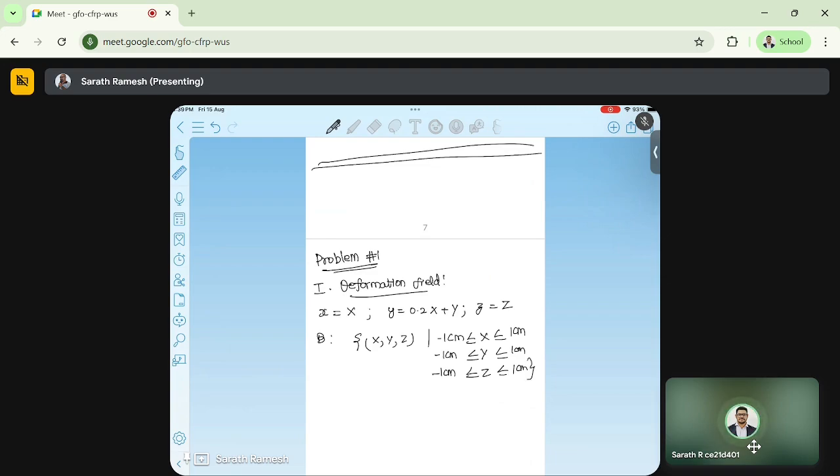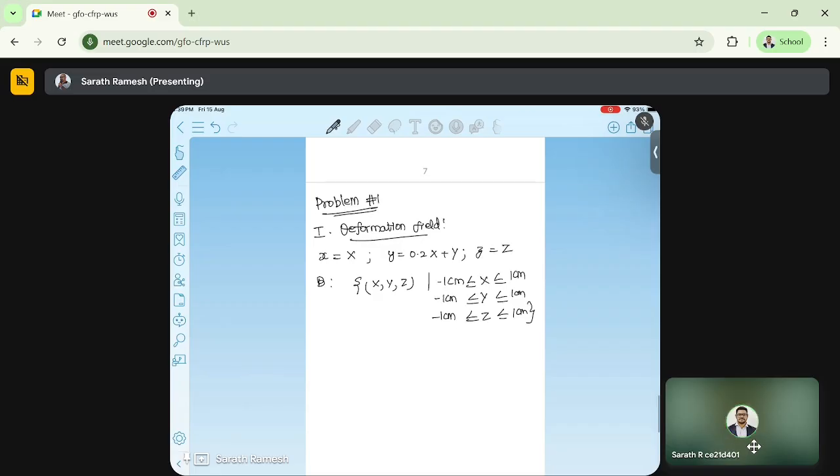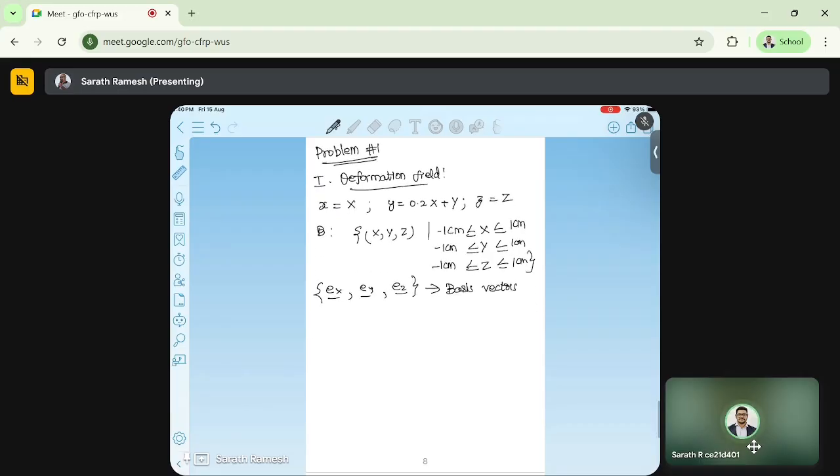This body in the reference configuration has coordinates capital X, capital Y, capital Z, and they have also given that Ex, Ey, and Ez represent the basis vectors, the same basis vectors for both the current as well as the reference configuration. Now what we have to find?